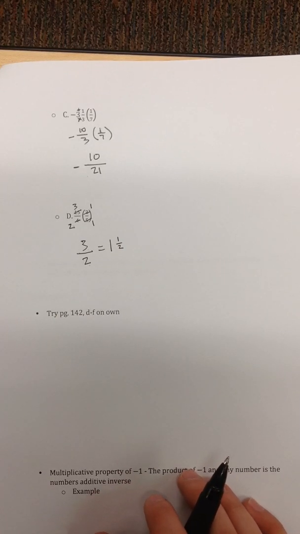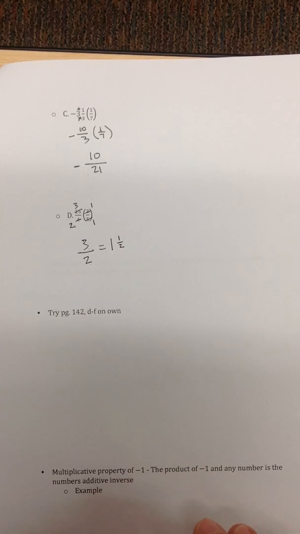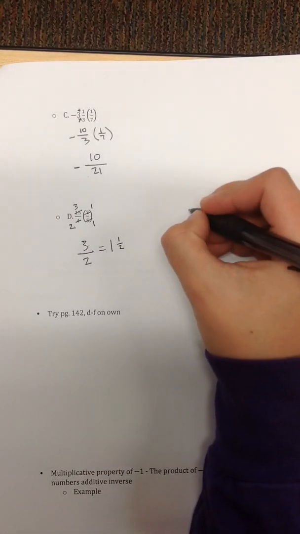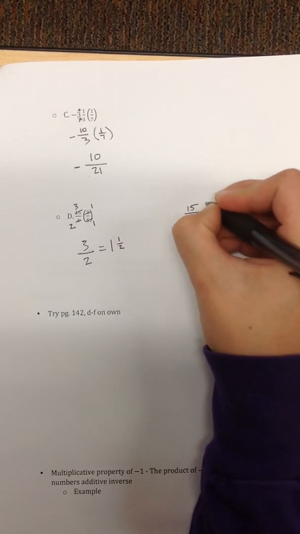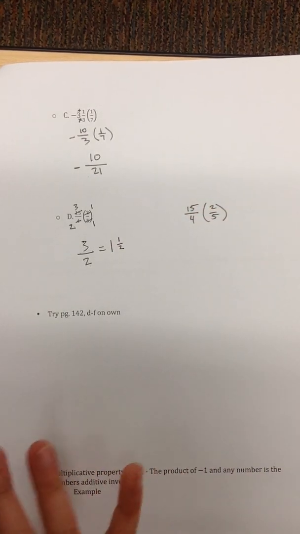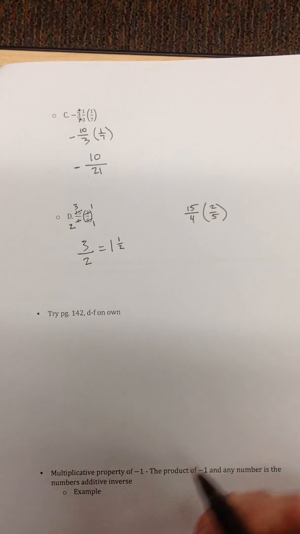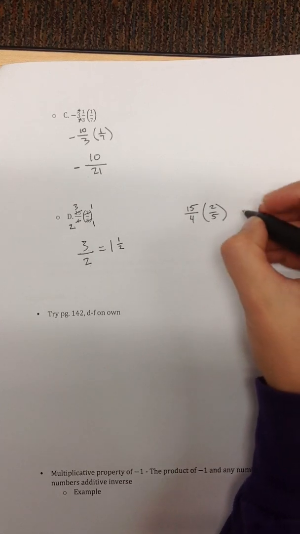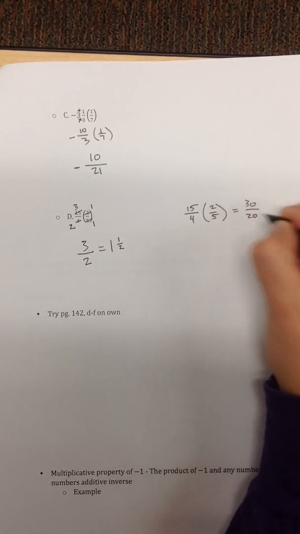Now you might be wondering, okay, couldn't I just take top times top and bottom times bottom and not worry about the reducing? Yeah, you can. You just have to work with much bigger numbers. So my original problem was 15 over 4 times 2 over 5. So if we just ignore all the reducing and just do top times top and bottom times bottom, 15 times 2 would be 30. 4 times 5 would be 20.